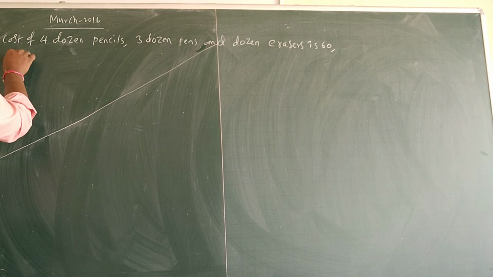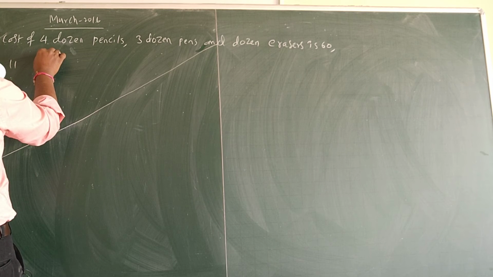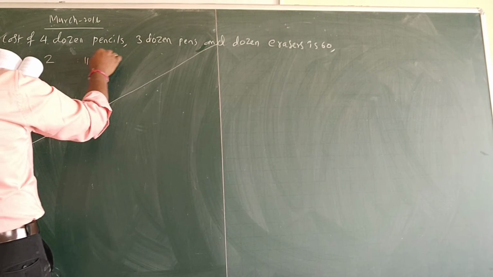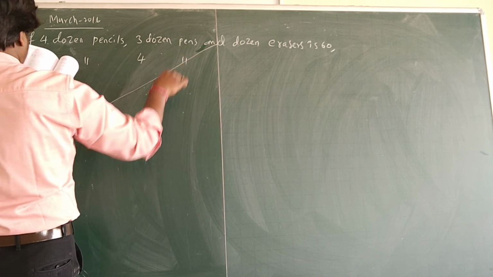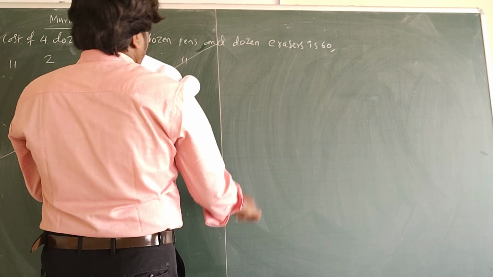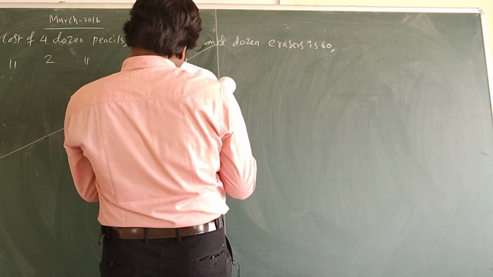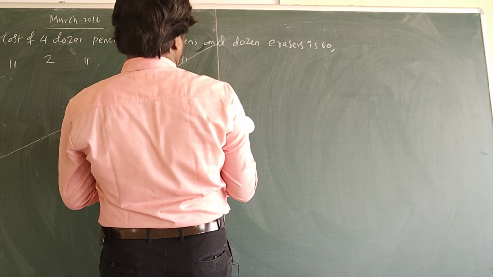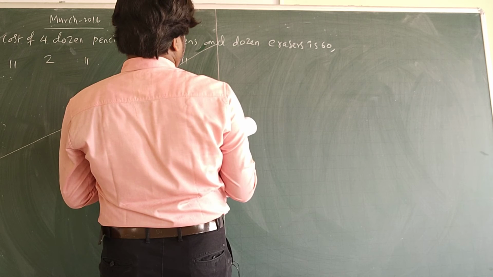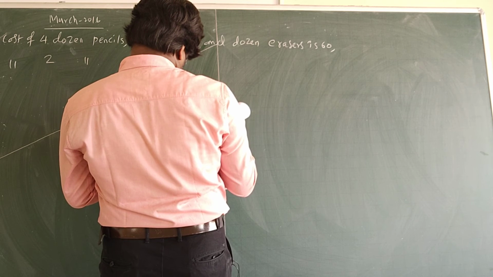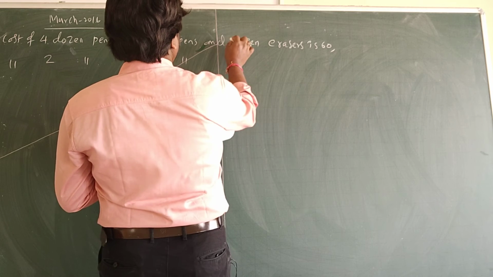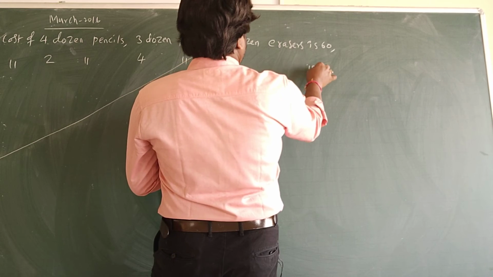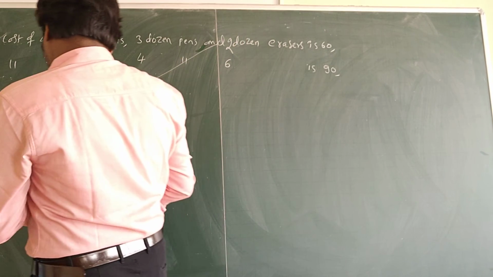And then he is saying that the cost of 2 dozen pencils, 4 dozen pens and 6 dozen erasers is 90 rupees.